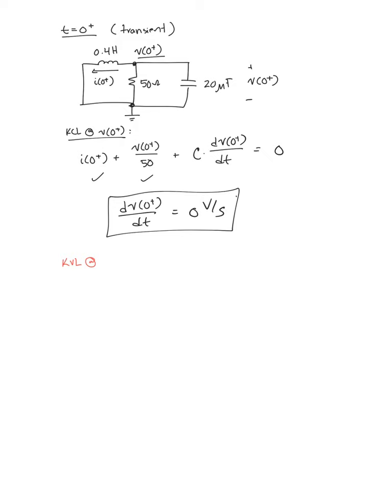So we're going to do KVL of the left mesh in this case, noting that we can just describe that mesh current as I. First, the voltage drop across the inductor is going to be given as the inductance times di/dt. And then the voltage dropped across the 50 ohm resistor, well, we know it as V0, and in this case it would be negative.